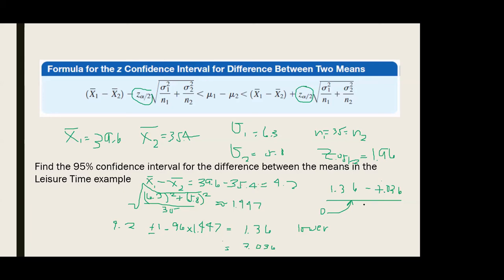Now, if we're going to just estimate the actual difference, because here it's given in the standardized form, if we want to get the actual estimate, then we need to transform it into a form that is not standardized.